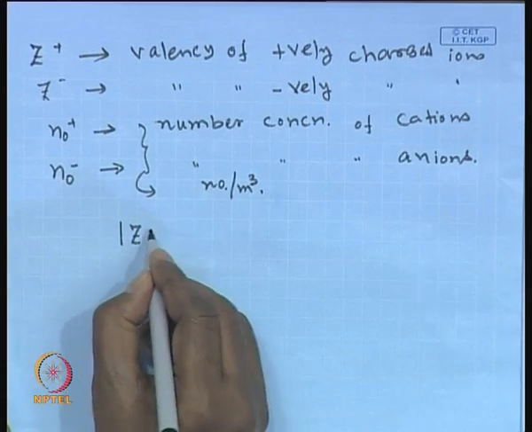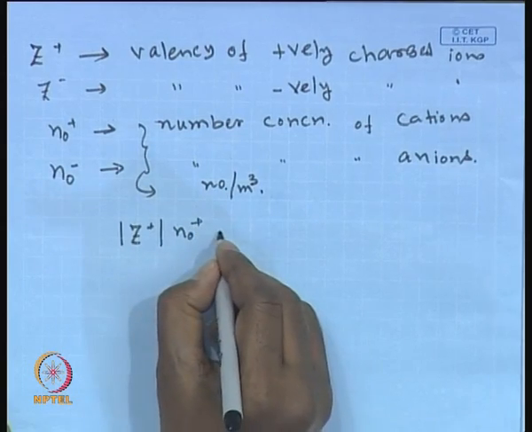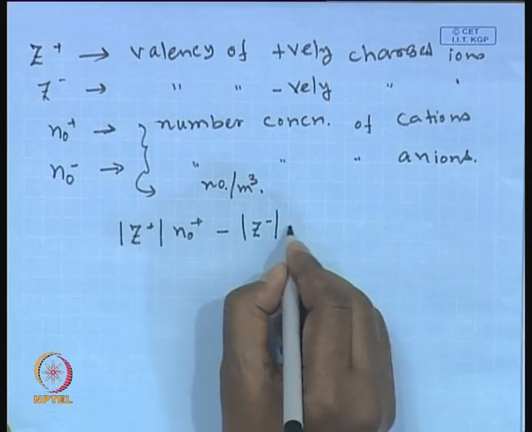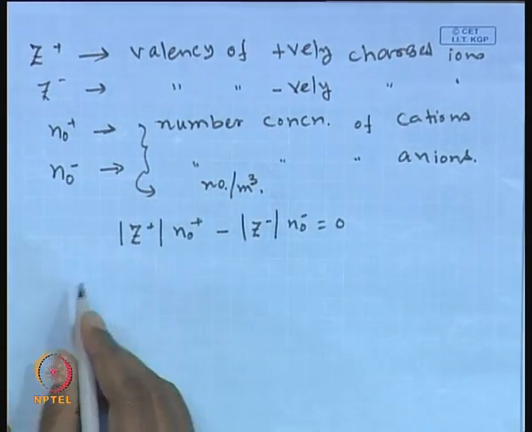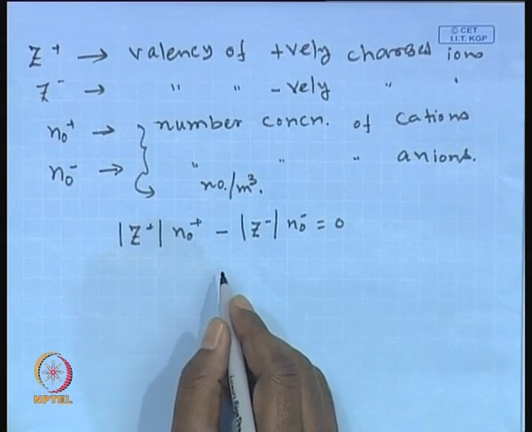So, it will become Z plus N0 plus minus Z minus N0 minus is equal to 0. Okay. Now, that is the form of the electroneutrality condition at the bulk.